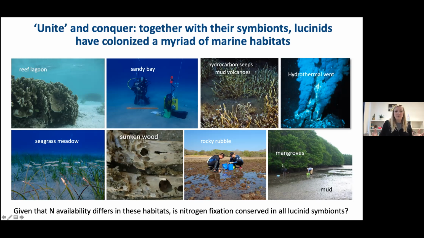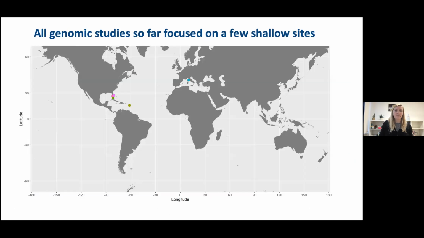And we also had the question, given that the nitrogen availability really differs a lot in these different habitats, is nitrogen fixation conserved in all lucinid symbionts? And at the time we started out, there was very little known about the biodiversity of the symbionts of lucinid clams.